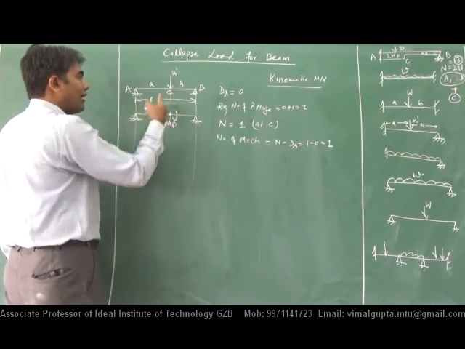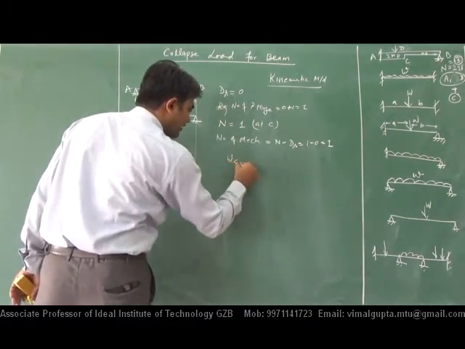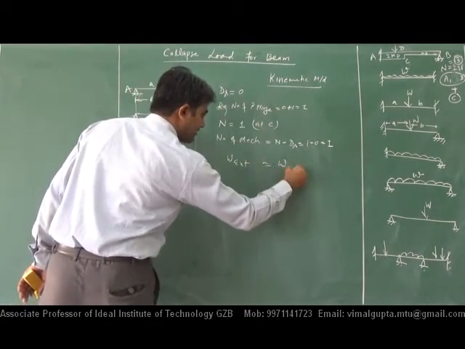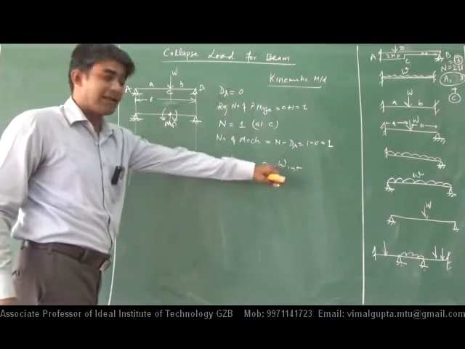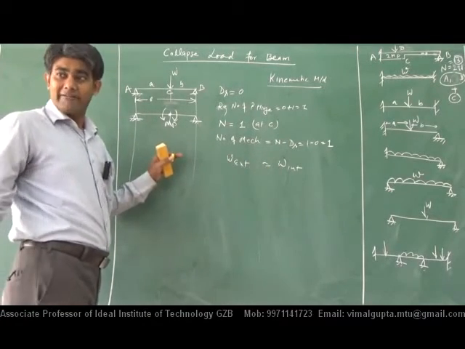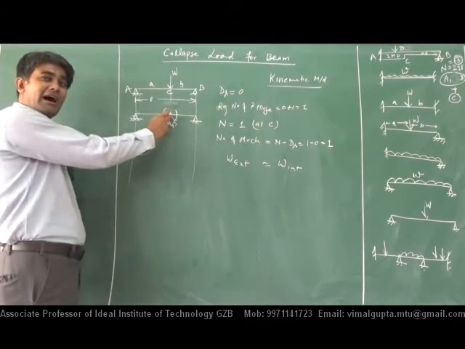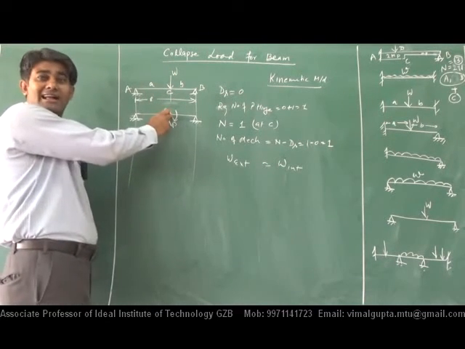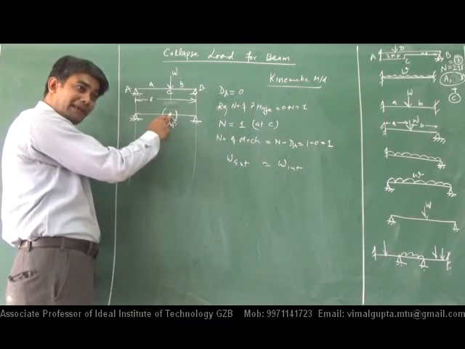To calculate the value of that collapse load, we have to equate W external to W internal, and to calculate W external and W internal, we must have the deflected shape. When we apply the load after the formation of the hinge at that point, sudden deformation at that point will take place.